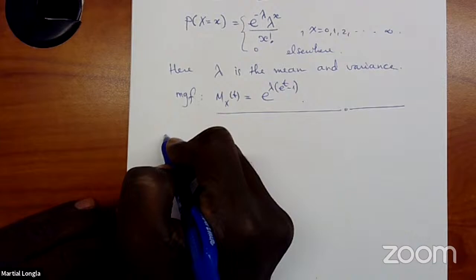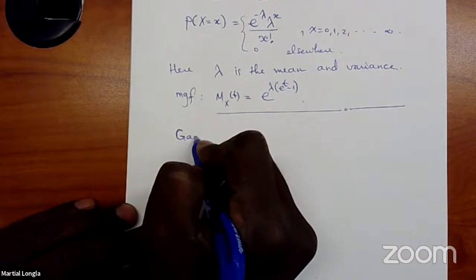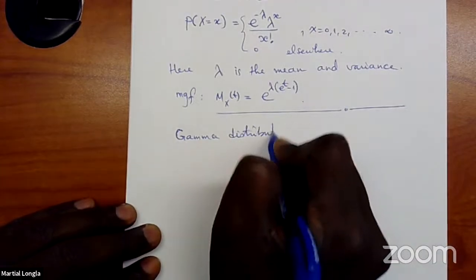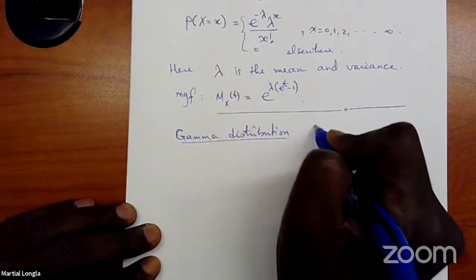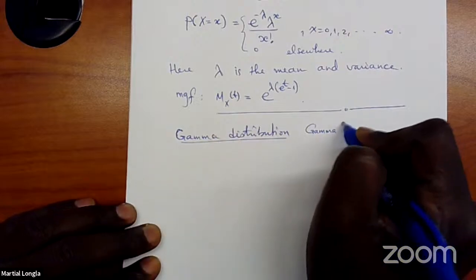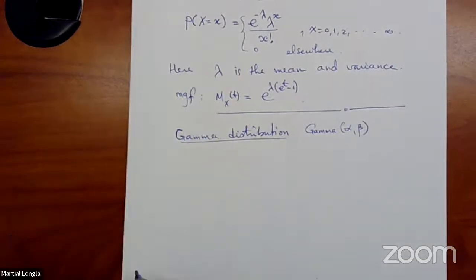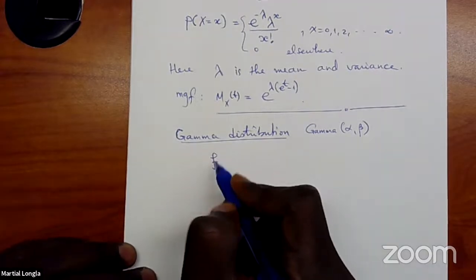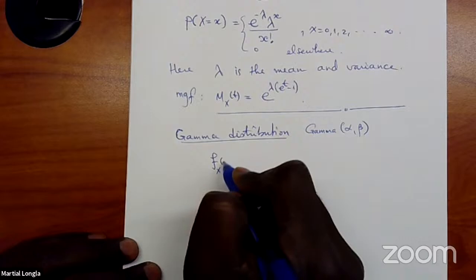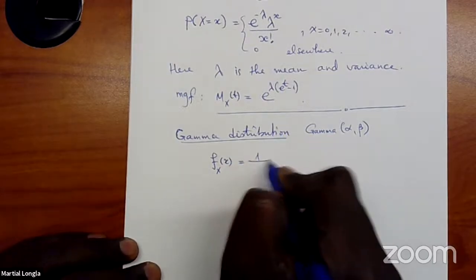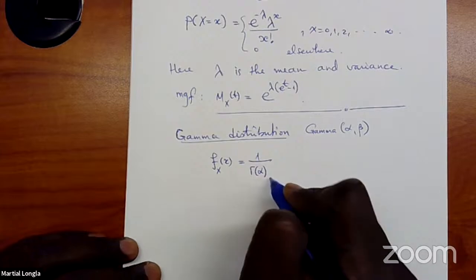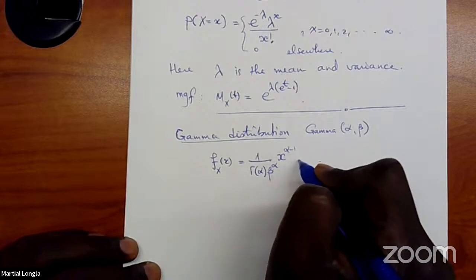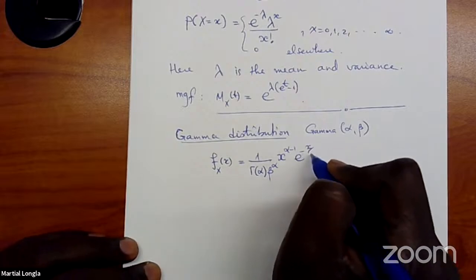Another distribution to study will be the gamma distribution, with parameters alpha and beta. It's a continuous distribution that has two parameters. The density is 1 over gamma of alpha times beta to the power alpha, times x to the power alpha minus 1, times e to the negative x over beta.